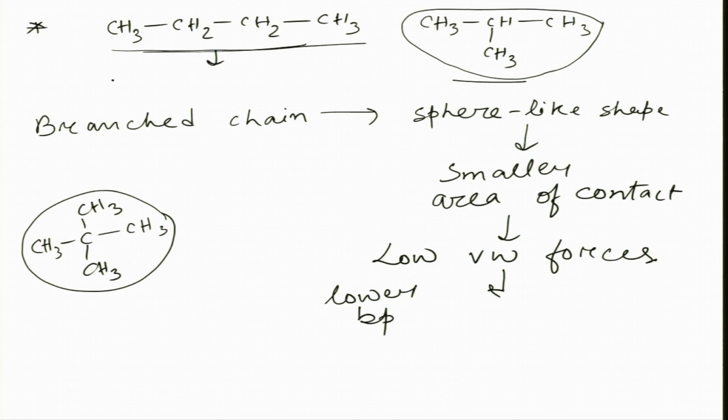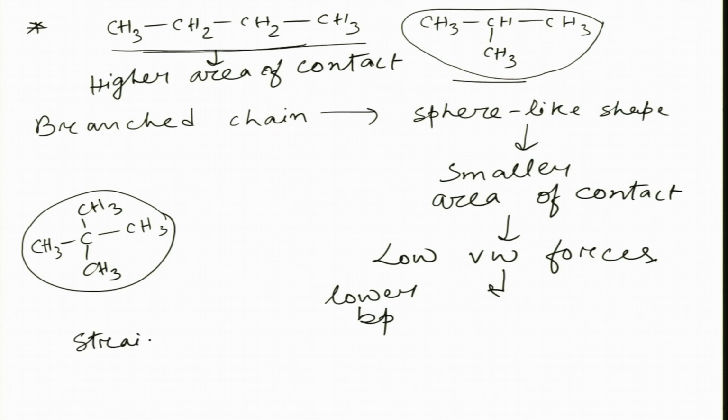But for the straight chain compounds, higher area of contact. So, they will have more van der Waals forces and higher boiling point. So, straight chain will have a higher boiling point than branched compounds.